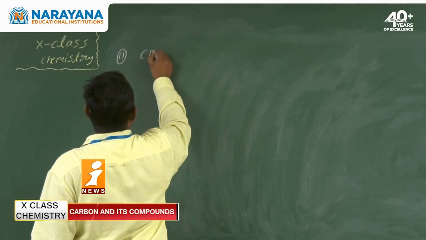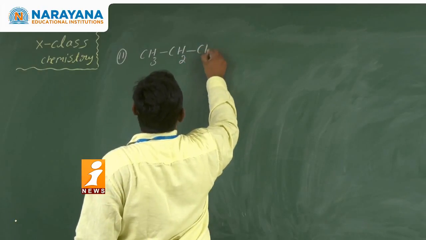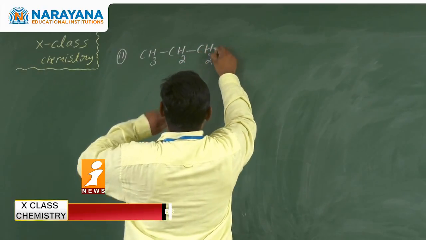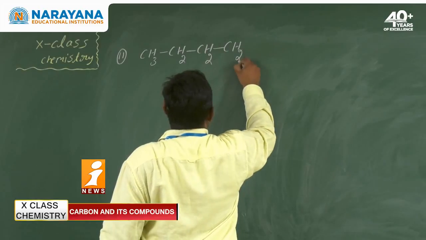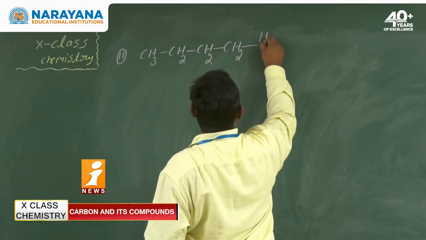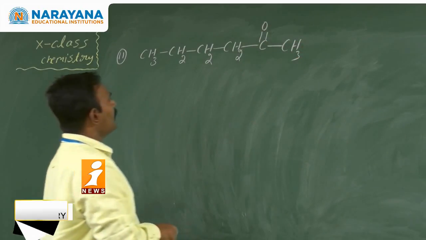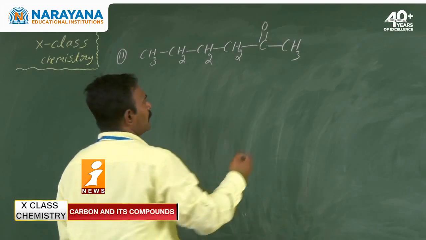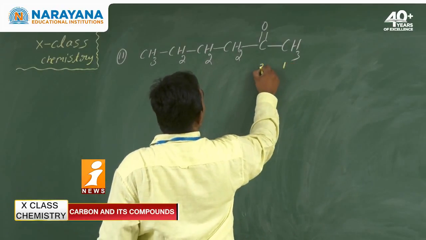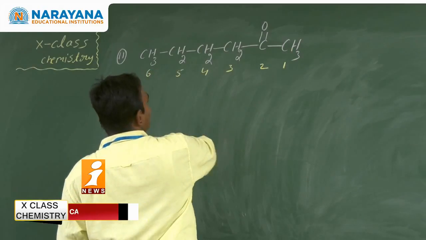See here: CH3, CH2, CH2, CH2, C=O, CH3. Here also a keto group is present. Now see the numbering 1, 2, 3, 4, 5, 6.